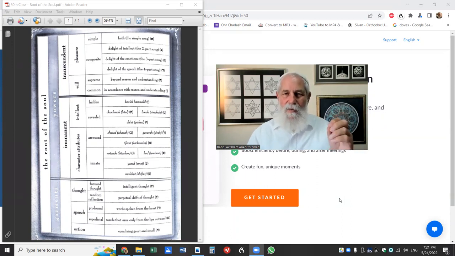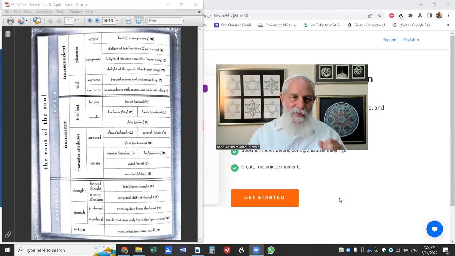It's when we know who we are, we know what our purpose is. That is our faith, that is our emunah. Or when we feel so close to God and we feel that faith in God, that's called simple pleasure.